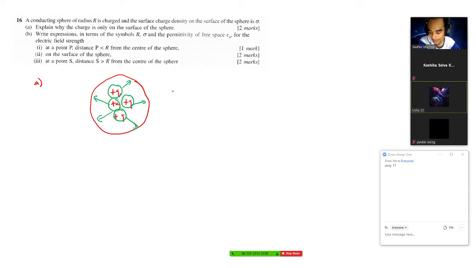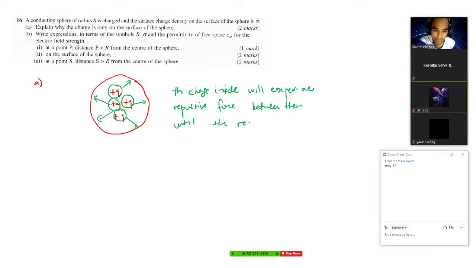So what happens is the charge inside will experience a repulsive force between them until they reach the surface of the sphere.